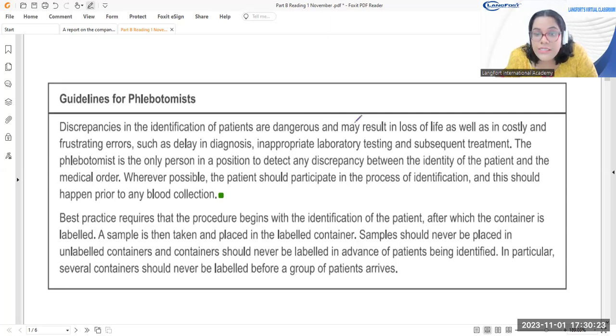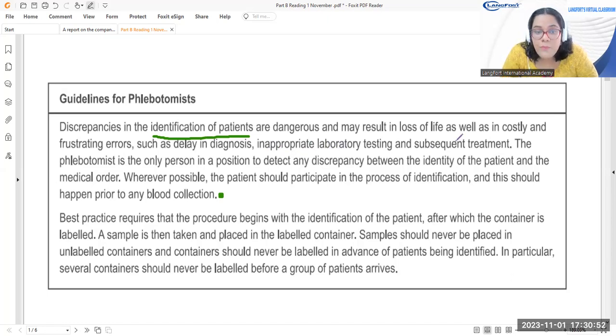Those problems may result in loss of life, the death of a person, as well as in costly and frustrating errors, expensive and frustrating errors. What are those errors? Delay in diagnosis, inappropriate laboratory testing, problems with lab testing, and subsequent treatment.